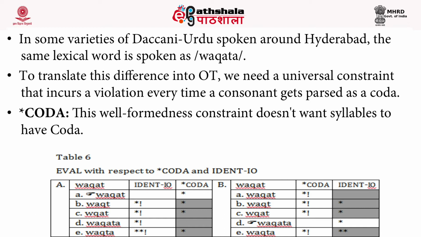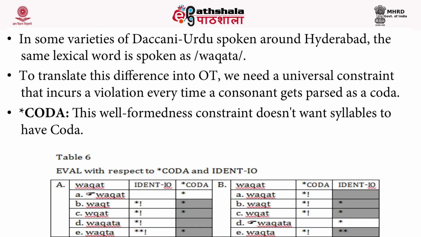So what happens is, in Waqt, ident-IO is not violated, whereas no coda is getting violated as we have a coda. In Waqt as well, there is deletion going on as well as no coda is getting violated. So both faithfulness and markedness get violated. In C also there is metathesis happening, there is deletion happening. So ident-IO gets violated, and there is also a coda, so no coda gets violated.